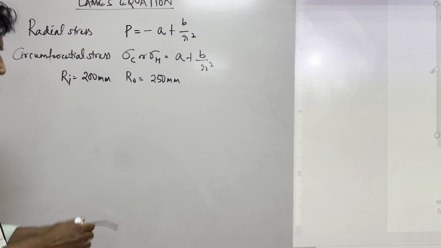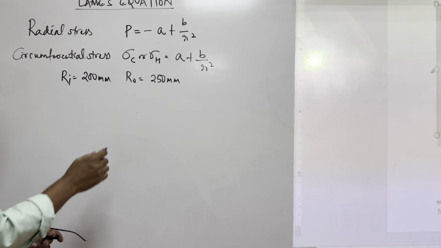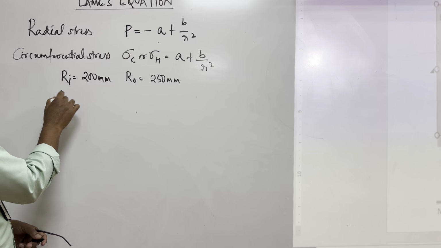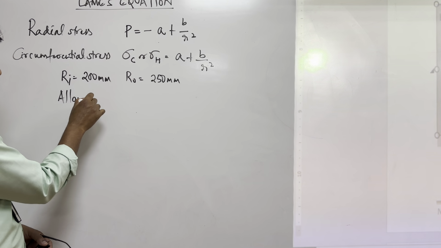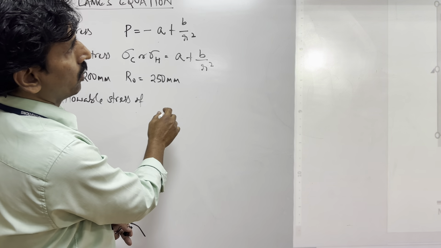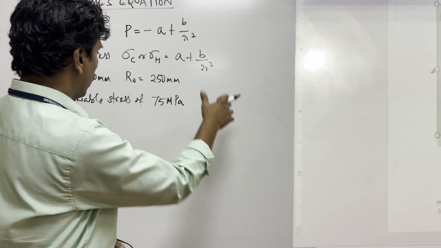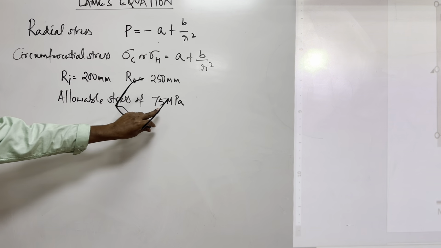So this is slightly different from the other. It has an allowable stress of 75 MPa. That means you cannot let more stress, it is almost like the design stress.